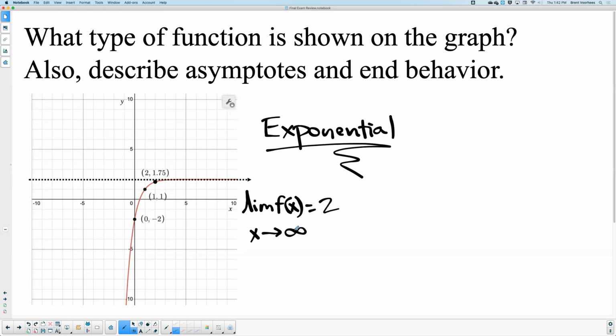Okay, and then what about this other limit over here? What's happening to the y's? They are falling. And what's happening to the x's? They're going left. So, like I said, every exponential, the domain is all reals. So your limits will be from negative infinity to positive infinity.